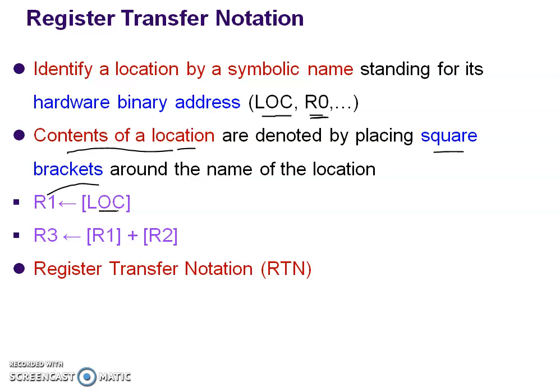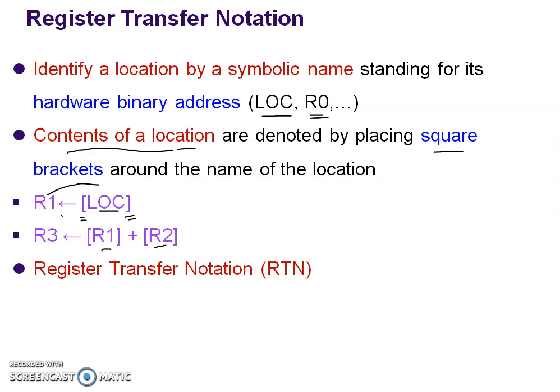LOC, R1, R2 are variables used to represent some location. If I need to access the content of that variable, then I need to enclose that variable within square brackets.